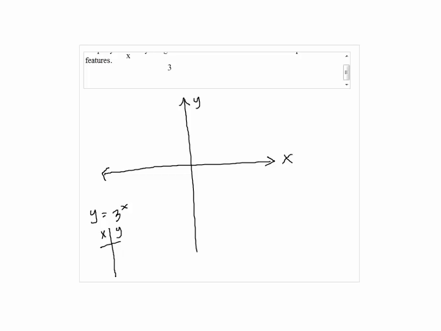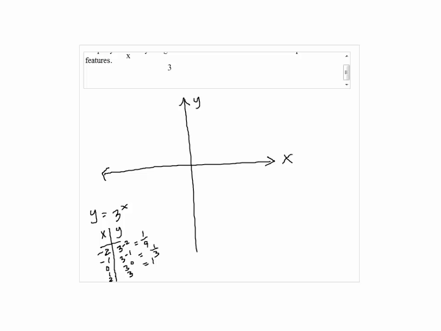We're going to choose 5 points for x and find corresponding y's to plot the points to graph the function. So, for example, we can choose negative 2, negative 1, 0, 1, and 2 for x, and we find the corresponding y. So 3 to the negative 2 is 1 over 9, and 3 to the negative 1 equals 1/3.